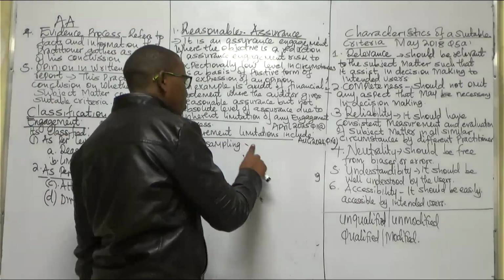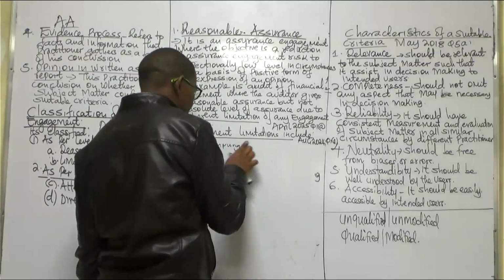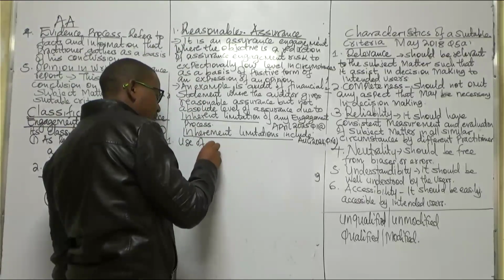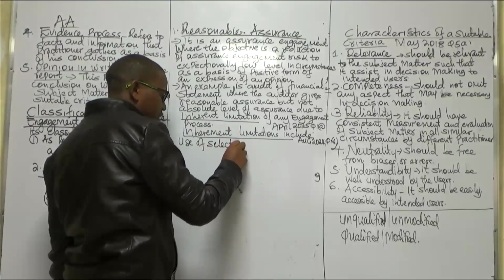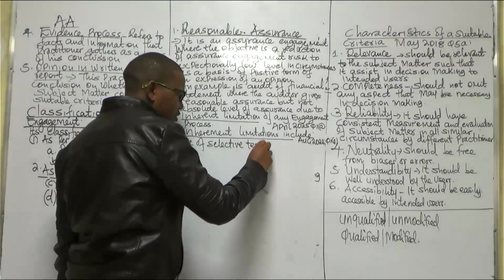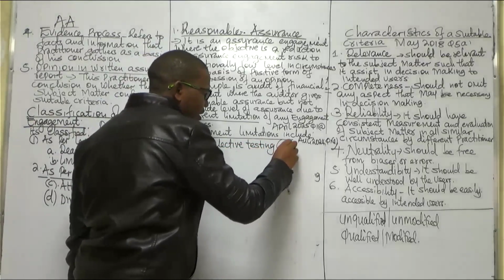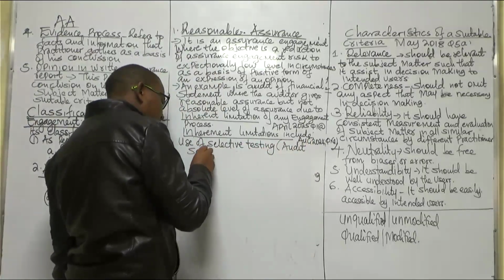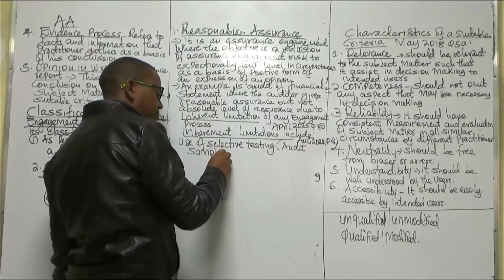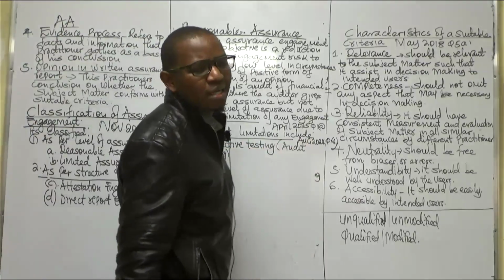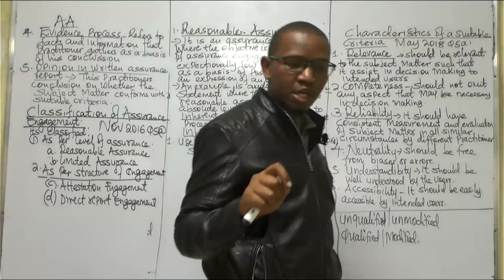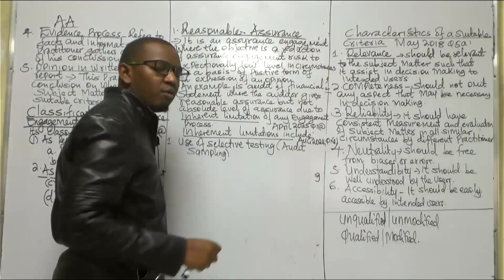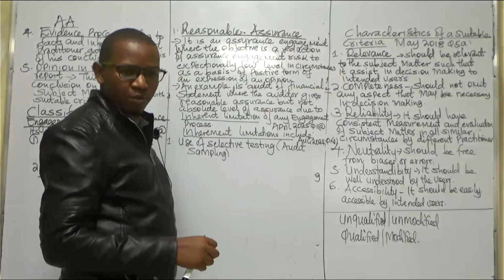We use what we call selective testing. So I can just say in auditing, we do audit sampling, where audit sampling is the application of less than 100% of the population, but we base our conclusion on the whole population.